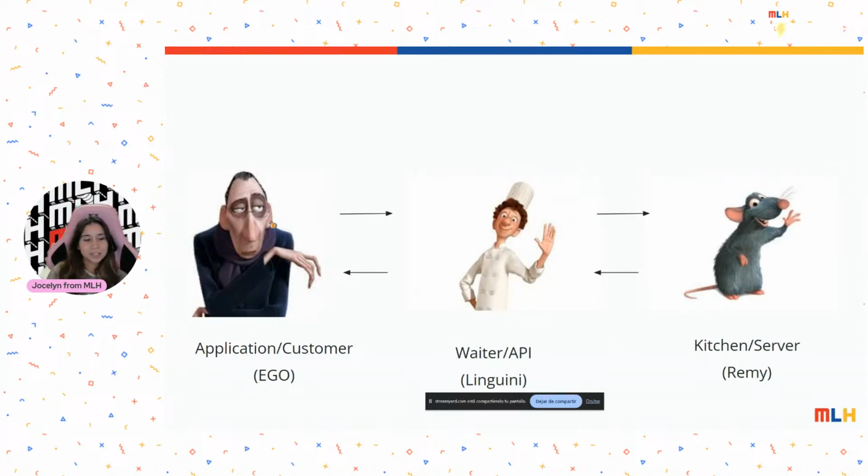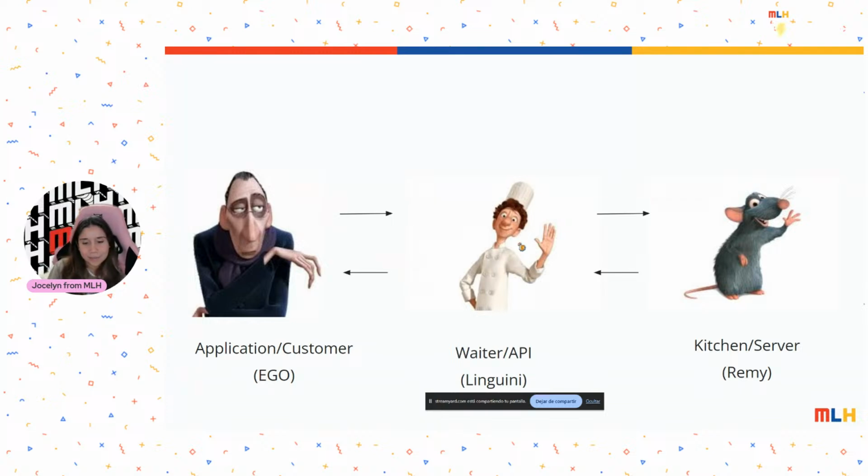And let's imagine that Ego, the super judgy customer, is our application. So Ego in this example will be our app. And then we have the kitchen, which is Remy from Ratatouille. And this will be our server. So the server is where all the information goes and it responds to both the waiter and the customer.